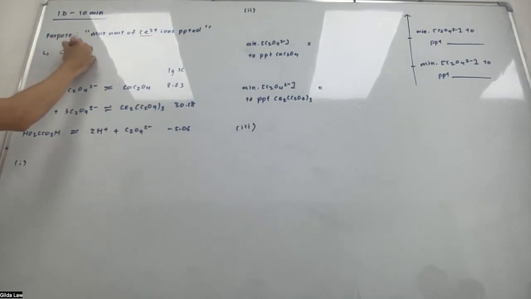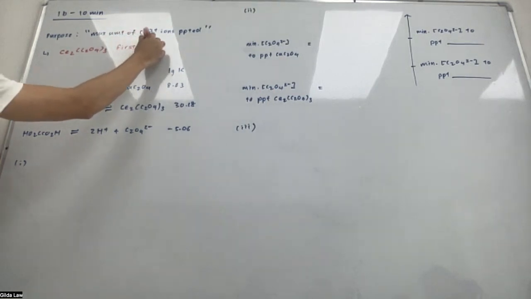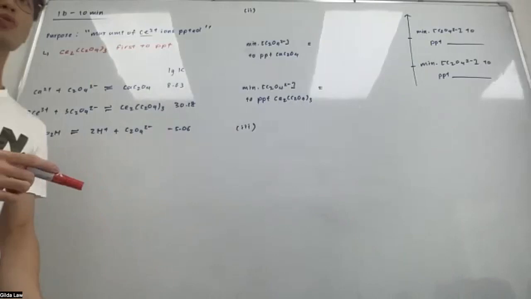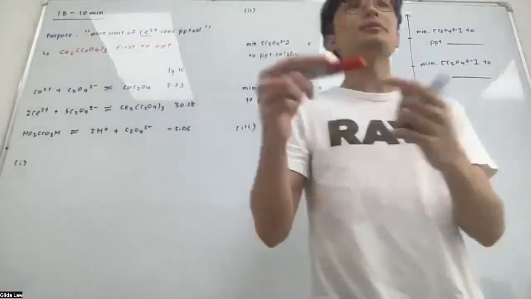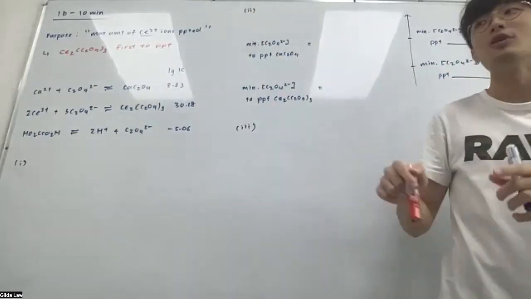It means the cerium salt is the first and only one to precipitate out of the solution. The other contaminant, which is calcium 2+, is never going to get precipitated, because that's what selective PPT is all about. You only want one guy to precipitate, and now they tell you which guy it is. Most of the times they ask you to find that using calculations, but now they tell you first.